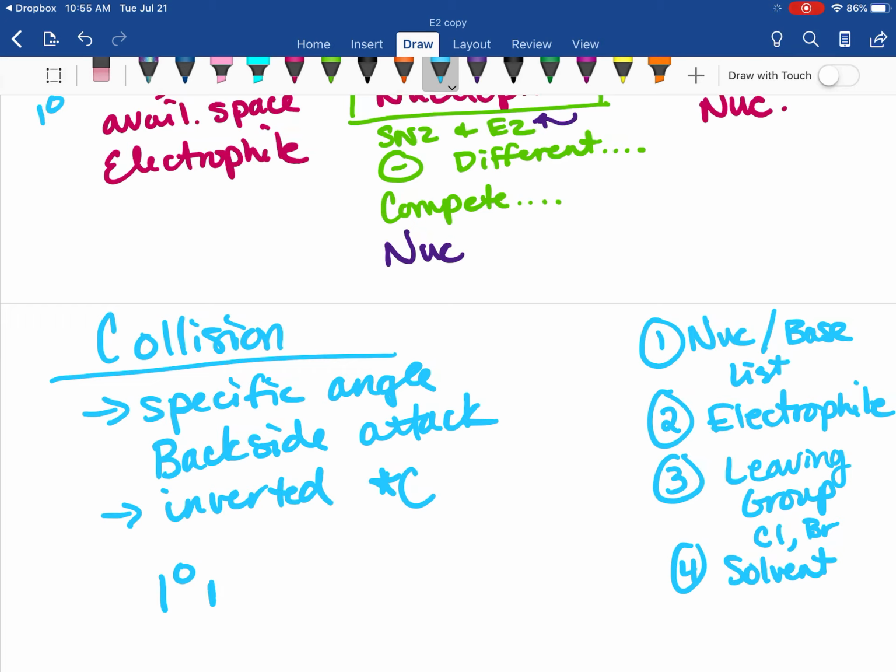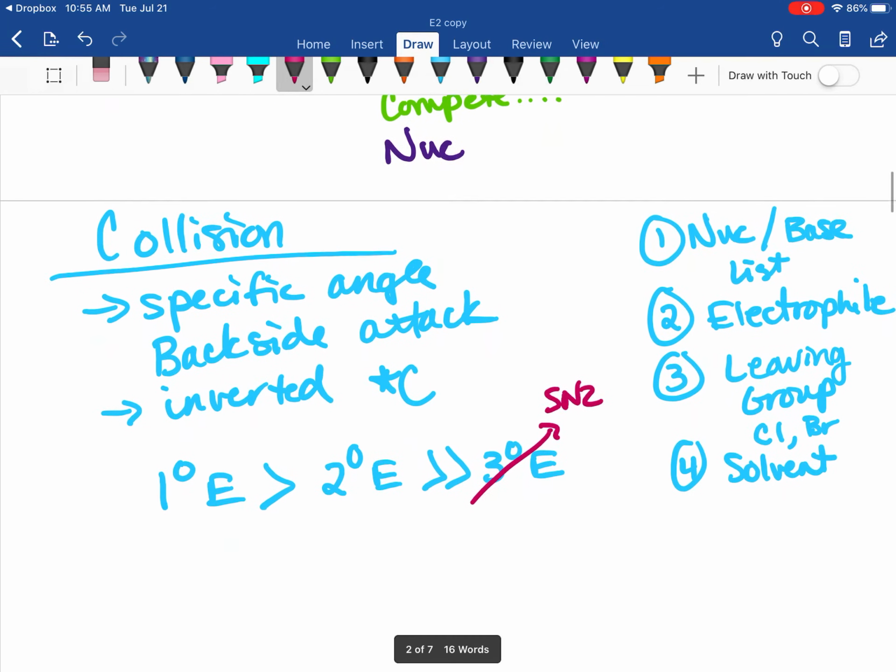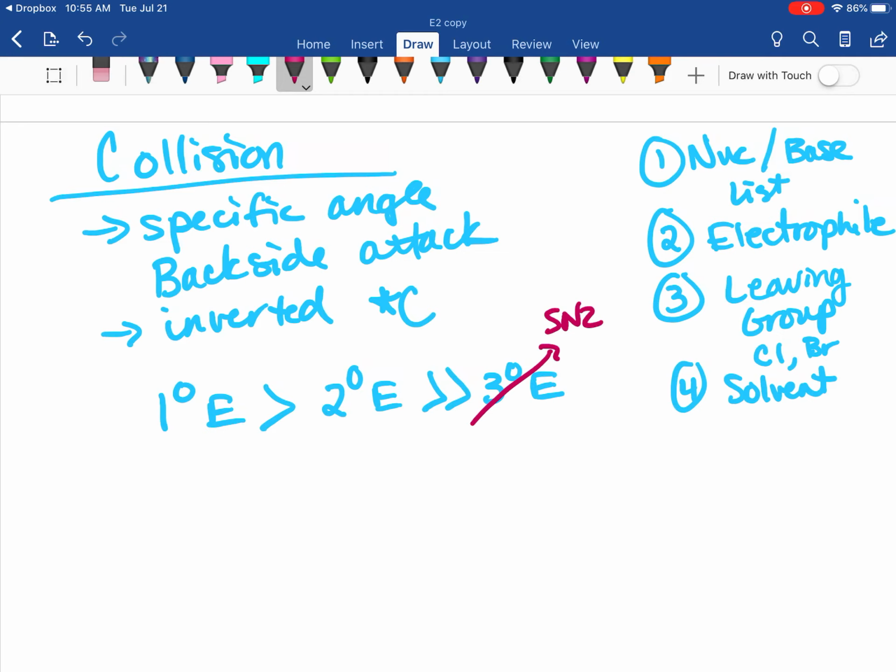So why do we care about any of this? Aha! Because we saw that our primary electrophiles reacted much faster than our secondary electrophiles. And in fact, our tertiary electrophiles never reacted in an SN2. So if we were to get just a little bit deeper with our SN2, we would say this is actually pretty fast, and this one is slower.